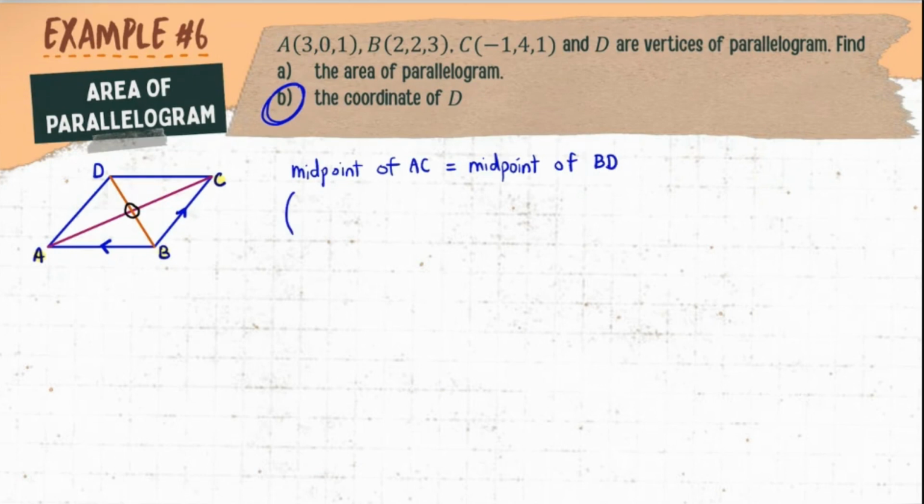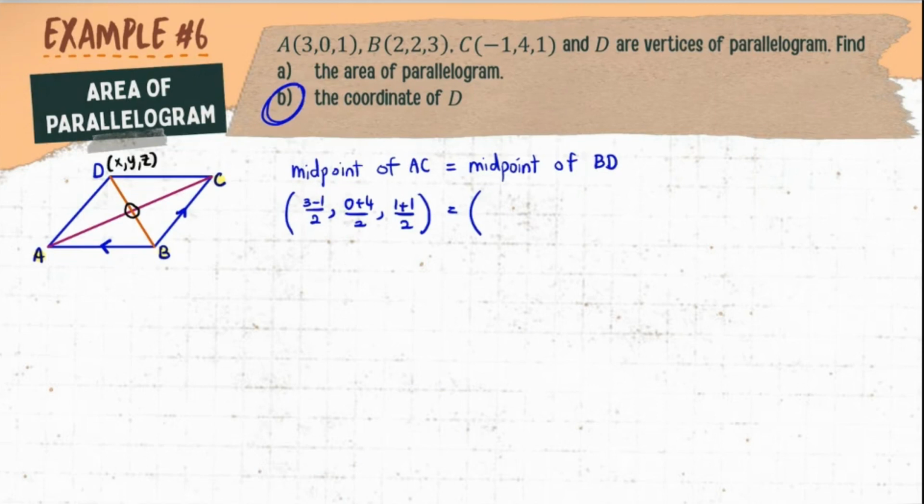So untuk A dengan C ni tambahkan koordinat dia. So 3 tolak 1 bahagi 2. 0 tambah 4 bahagi 2. Dan 1 tambah 1 bahagi 2 equals kepada midpoint of BD will be, let's say D ni kita label dia sebagai XYZ lah.